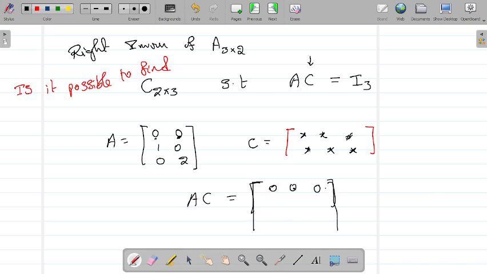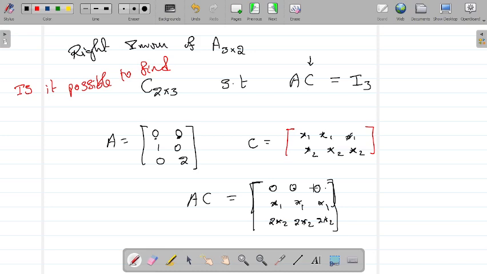And the second row is going to be, let me call the first row of C star 1, star 1, star 1 and the second row star 2, star 2, star 2. So this is going to be star 1, star 1 and star 1. And the next row is going to be 0 times the first row here plus 2 times the second row here. This will give me 2 star 2, 2 star 2, 2 star 2.